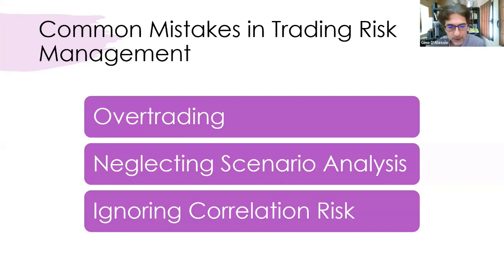And the last one, which is what I was mentioning earlier, is ignoring the correlation of risk. So if you want to trade different financial markets to diversify your risk, you need to trade really different financial markets. You can't trade euro dollar and sterling dollar, because they're very similar and they move in the same direction very often.